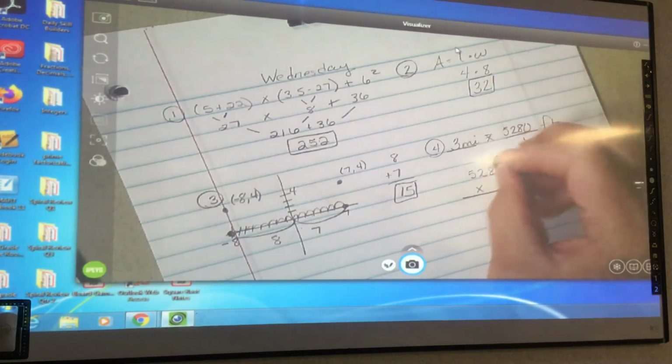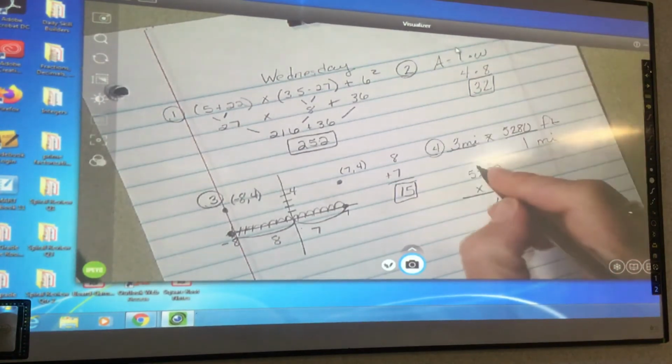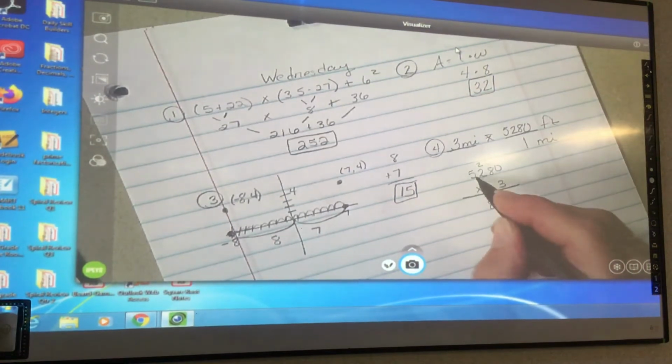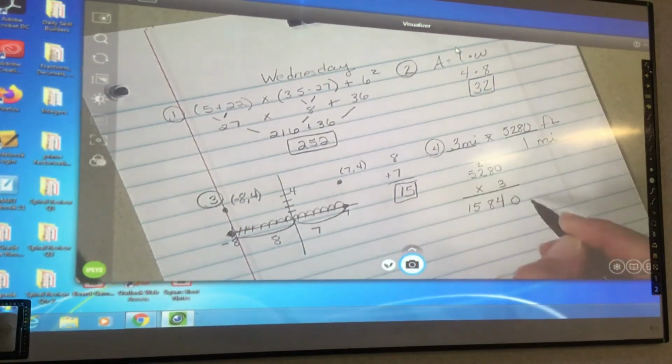Wait, I didn't carry that right. 6 plus 2 is 8, and then 3 times 5 is 15. Then put in your comma. 1, 2, 3, comma, and my label is feet.